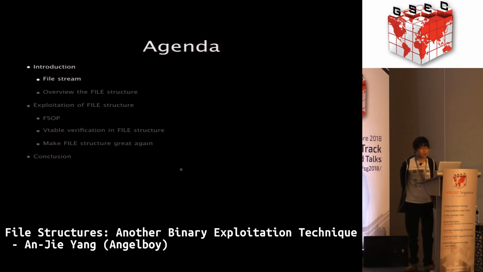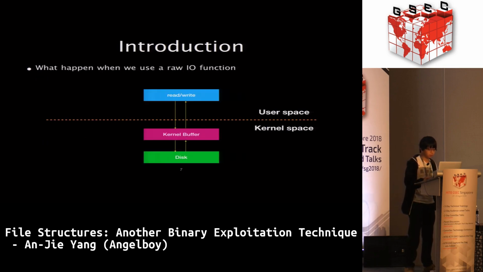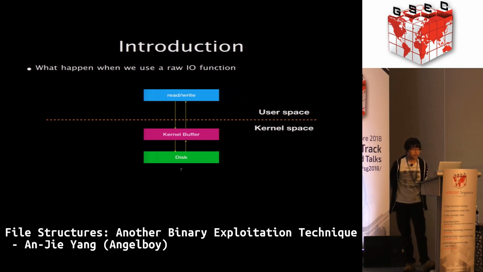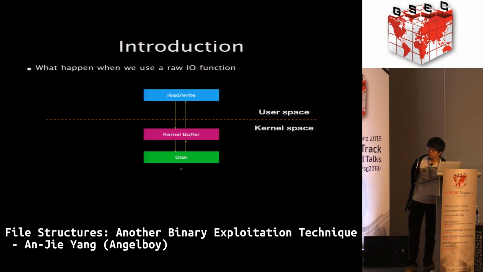Okay, let's talk about what a file stream is. What happens when we use a raw I/O function in a C program? While we call read or write on a file, the kernel will not read or write the file directly. Instead, the kernel will handle a kernel buffer and read a lot of data in a file into the buffer.